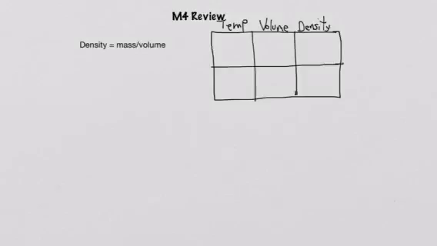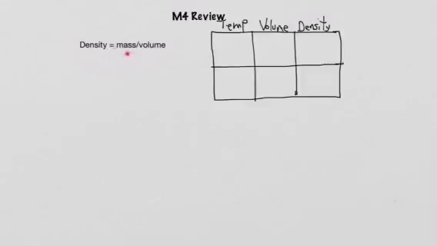So, first of all, we're going to go over this just one more time: the density always equals mass divided by volume. Okay? And so this whole entire unit that we're talking about has to do with this part right here.